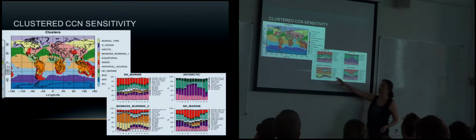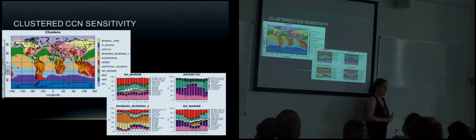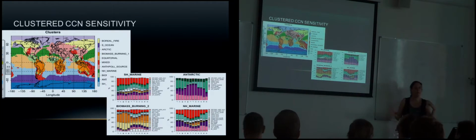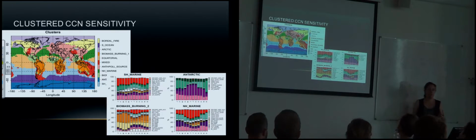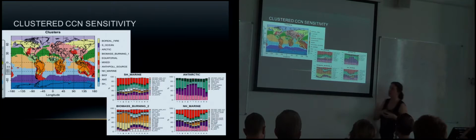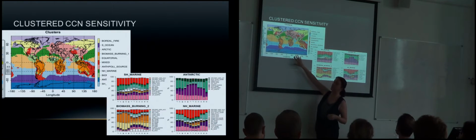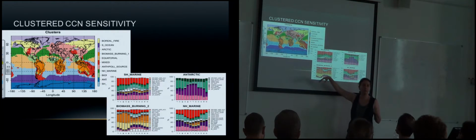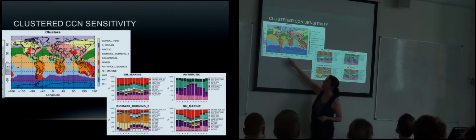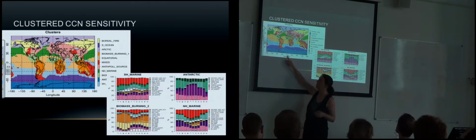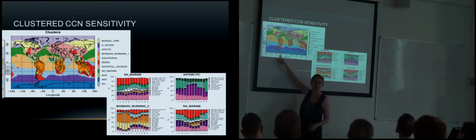The next thing we did was try to cluster these. Like I said, not every parameter is going to be important everywhere, but sets of them are important in different regions. So we tried to cluster that by simple k-means clustering of the main effect indices, and we found that all the main effect sensitivity indices are pretty similar across the Antarctic.